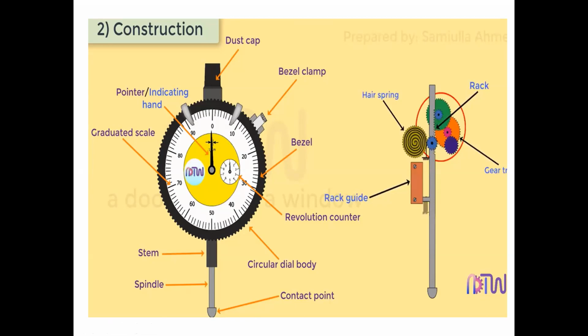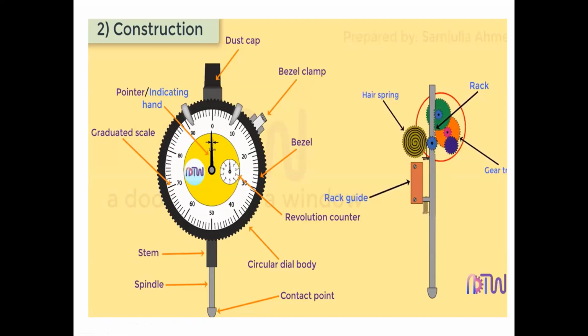Here, the smaller pointer is the indicating hand, and this is the stem and the spindle contact point, circular body, revolution counter, and bezel. The bezel is the outer frame of the circular dial, used to set your indicator to 0. It can simply be rotated to the required position using this bezel.